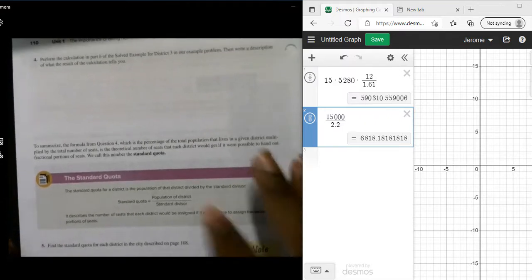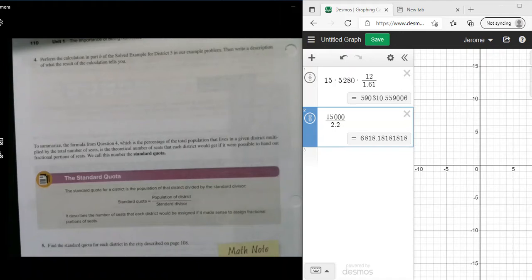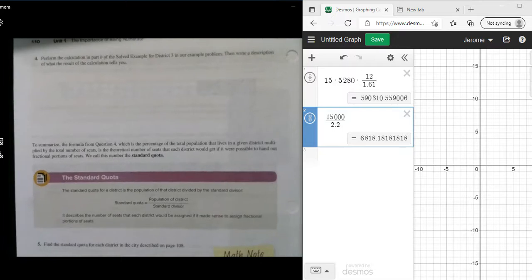It's the population of the district divided by the standard divisor. So we look here at problem number 4. It says perform the calculation in part B of the solved example for District 3 in our example problem. Then write a description of what the result of the calculation tells you.